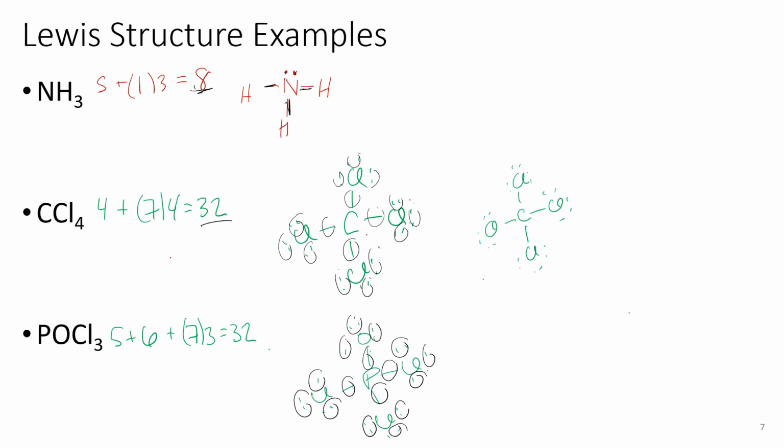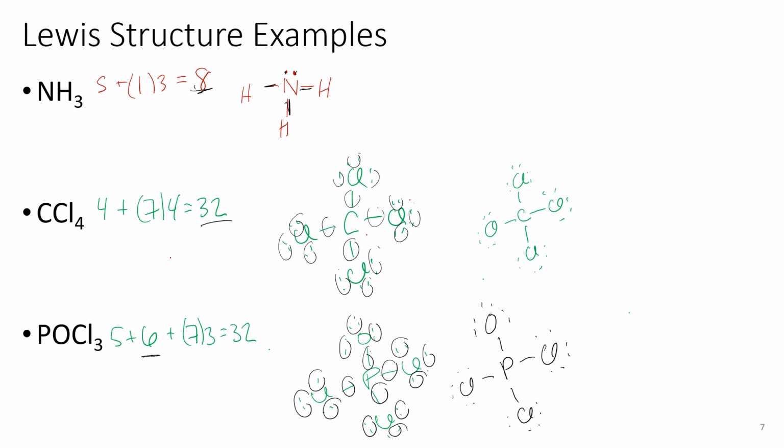But one of the things I want you to go back and think about, even though we have this structure of phosphorus as our central atom and single bonds to all of our atoms, so there's our structure nice and cleaned up, I want you to think back about what our Lewis symbols look like. Because one of the things that we said about oxygen is oxygen only had 6 valence electrons associated with it.